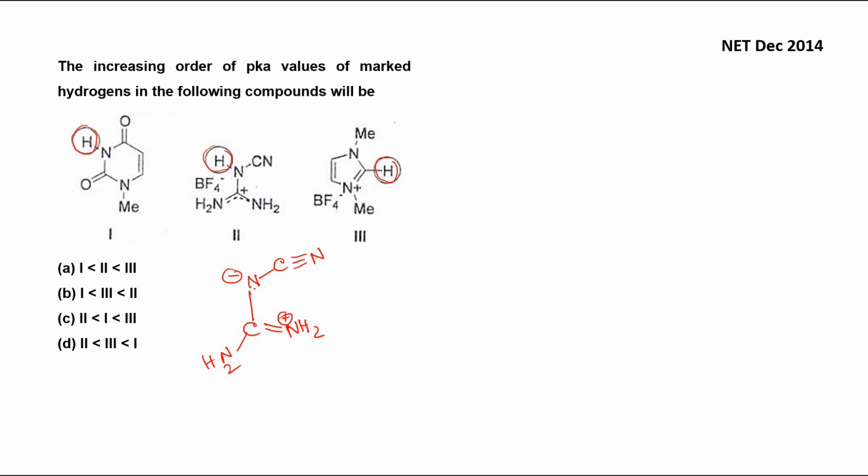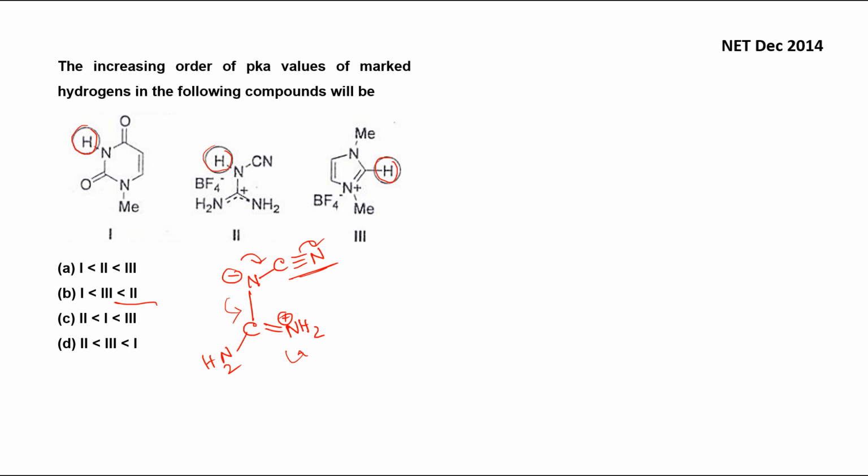Now see, this negative charge is not just stabilized by resonance towards the cyano group, because this type of resonance is possible, but resonance is also possible this side. So this species is very much stable because of this type of delocalization. So 2 should be maximum acidic. If 2 is maximum acidic, its pKa should be minimum. That you can get only in option B. So from this information we can choose the correct option.